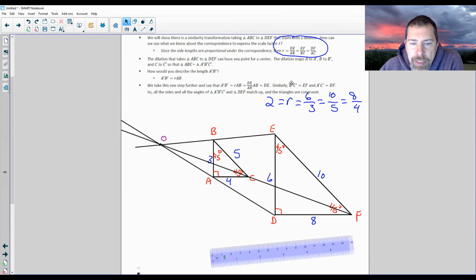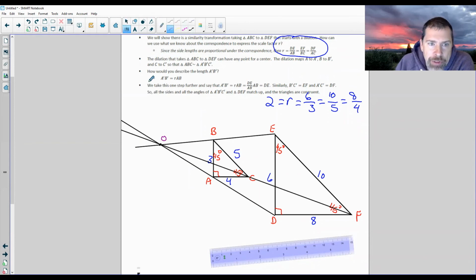The dilation maps A to A prime, which I'm calling D, B to B prime, which is E, C to C prime, which would be F. So that triangle ABC is similar to triangle A prime, B prime, C prime, or in our case, DEF. How would you describe the length of A prime, B prime? A prime, B prime is equal to our dilation times AB, but in this case, A prime B prime is DE.